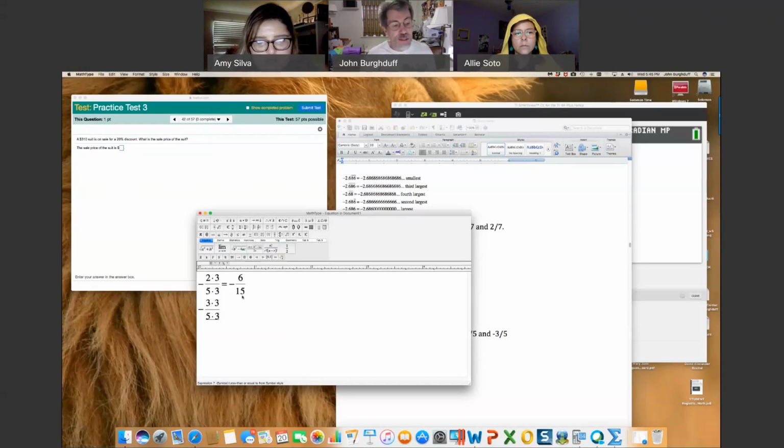Yeah, let me show you how this works. It'll be pretty obvious, I think. This would give you a -9 over 15. And so in between -6 over 15 and -9 over 15 would be -7 over 15 and -8 over 15. Just the two numbers in between.